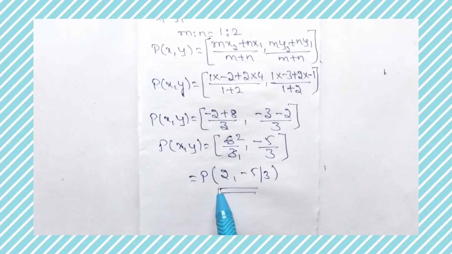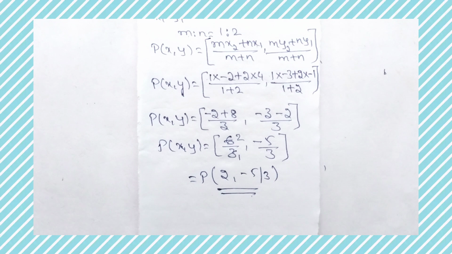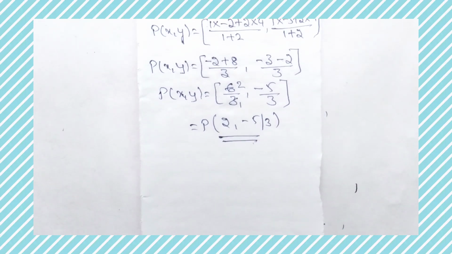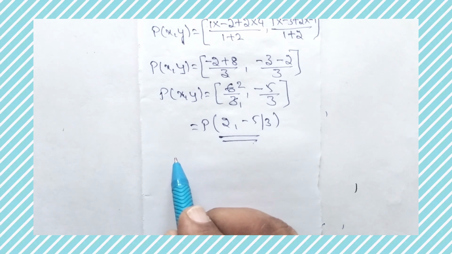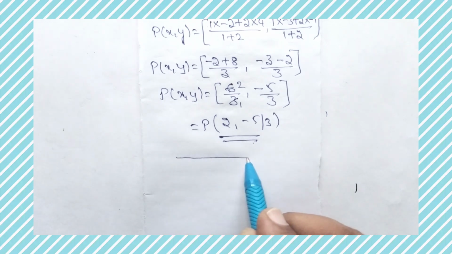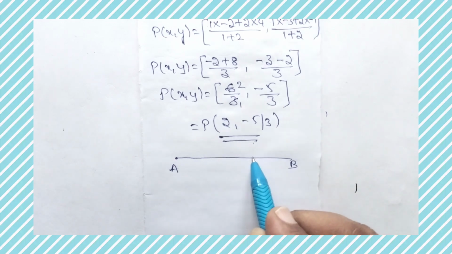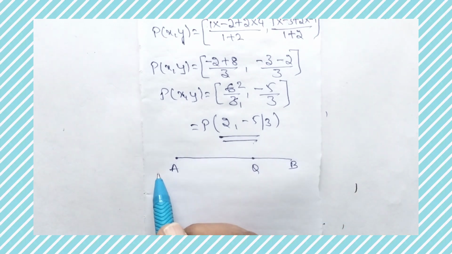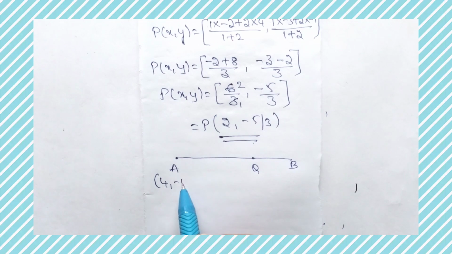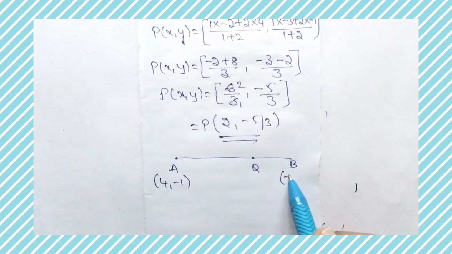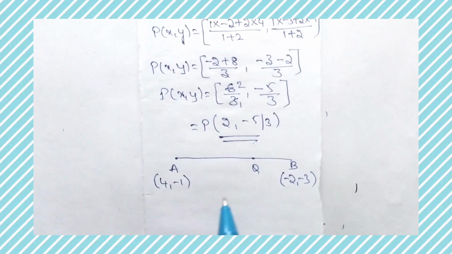After getting the coordinates of point P, now let us find out the coordinates of point Q. So let us take it like this. Let us draw one more line segment AB. Here Q is there. The coordinates of A are 4 comma minus 1 and B are minus 2 comma minus 3.